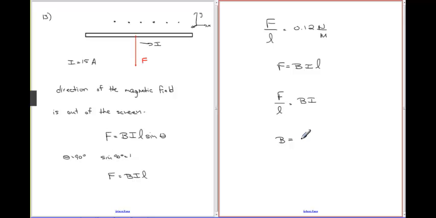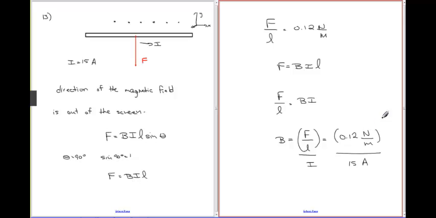We divide both sides by I, so we get force per unit length divided by the current. We know the current and we know the force per unit length, so we just put the numbers in. Our force per unit length is 0.12 newtons per meter, and our current is 15 amps.